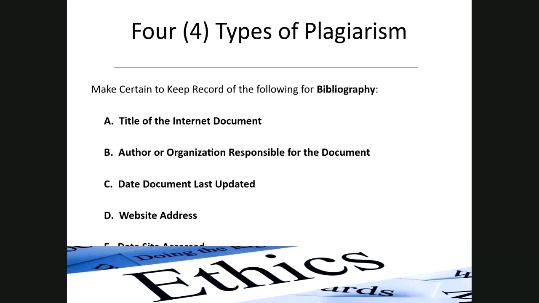All right, so you want to make certain to keep a record of the following for your bibliography: the title of the internet document, the author or organization responsible for the document, the date the document was last updated, the website address, and the date you accessed the site.